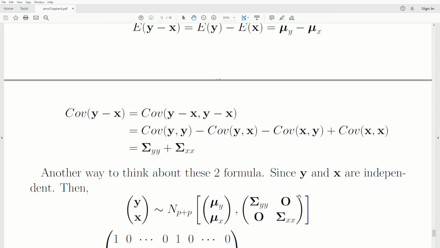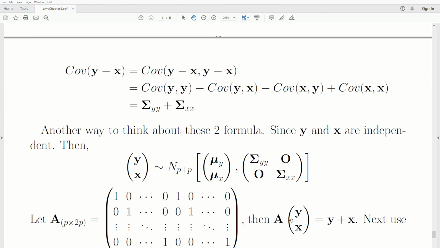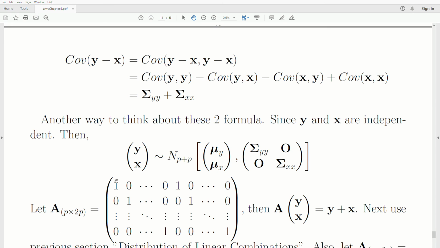And since they're independent, all the off diagonals, or the off block diagonals, are 0. Now, if we create a matrix A that's p by 2p, where the first p columns are just ones down the diagonal, like the identity matrix, and then the last p columns are the identity matrix again, just ones down the diagonal.